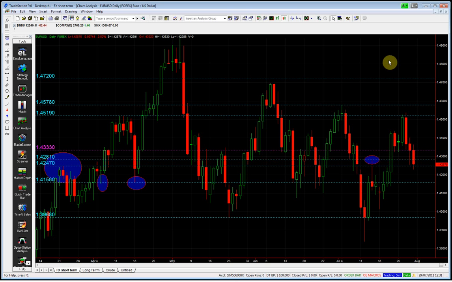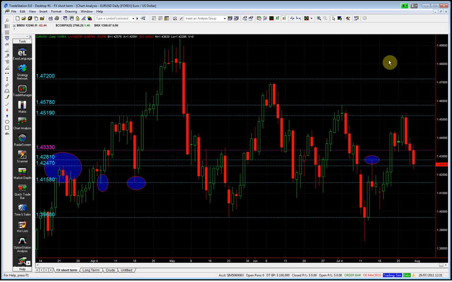That has to be our structure to the long side, the 143.33 or 143.37 to be more precise. That's our structural long.